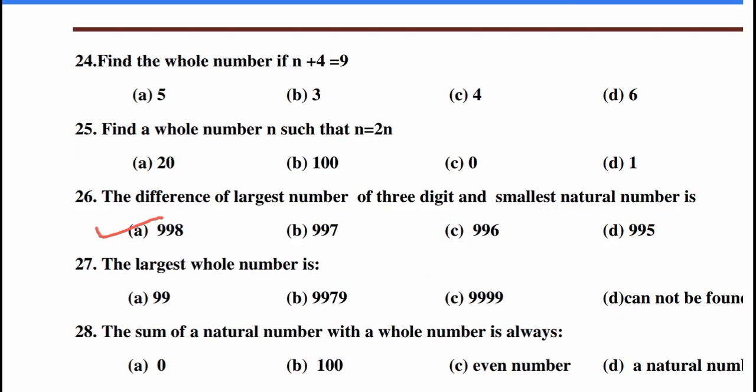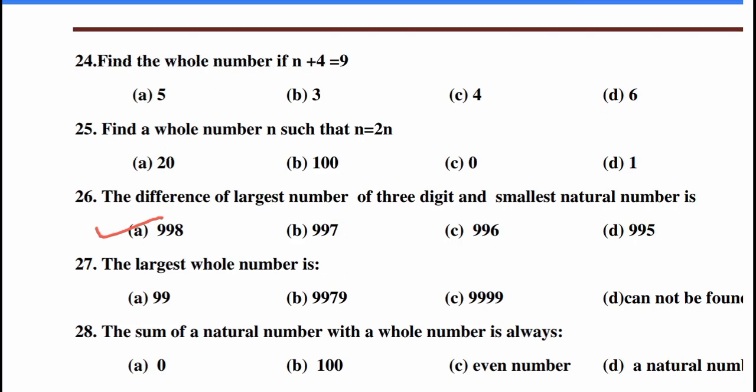Question number 27. The largest whole number is. Now we check these options. First is 99, second is 9979, and third is 9999, and D cannot be found. So which is correct?